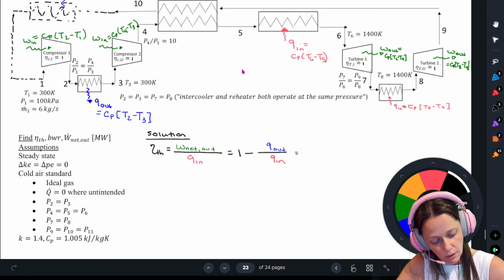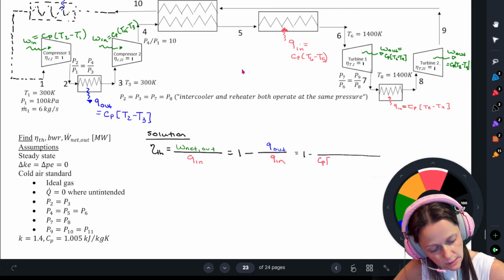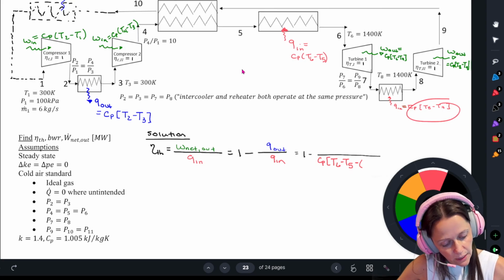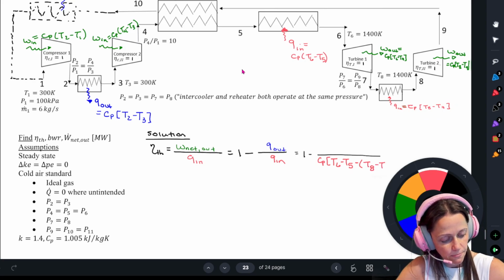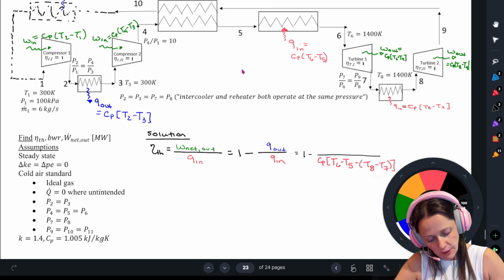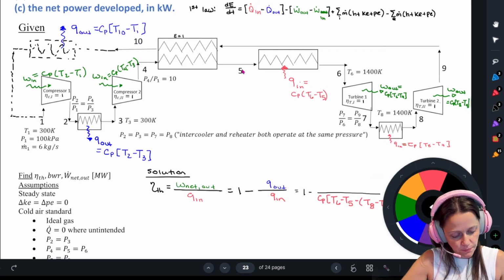So I've already defined all these things. My Q in, I've got two of those. There's going to be a Cp times T6 minus T5 plus this one right here, T8 minus T7. And then on the top, I've got this source and this source.